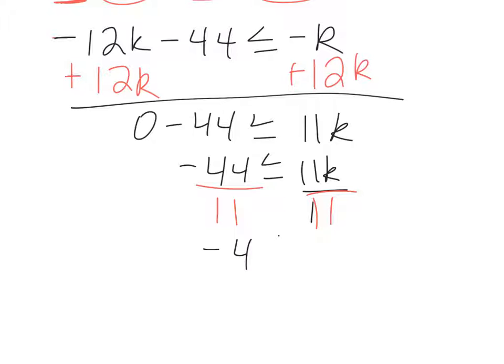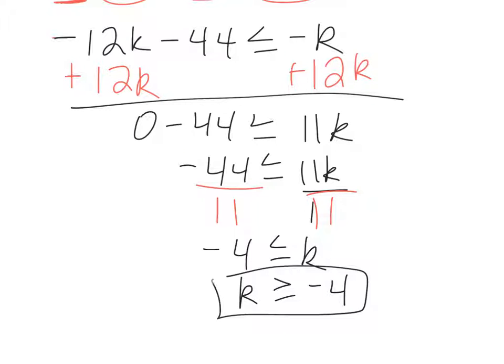I divide by a positive, so I'm not going to switch this around. But if I want to shade it correctly, I like my variable there. If I flip my variable there, then I have to flip this around as well. Negative 4. Okay, so that's your answer.